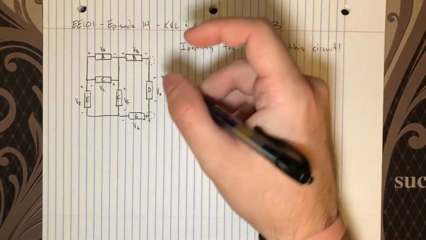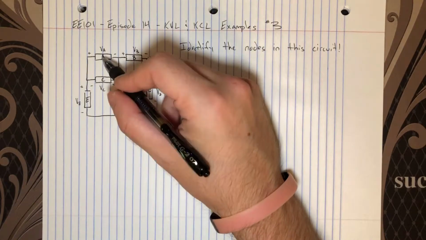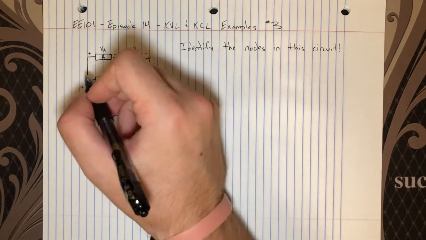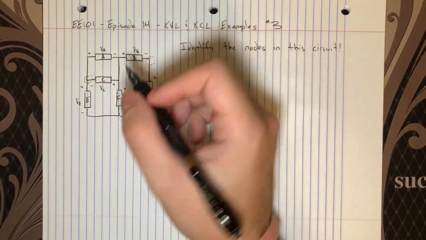So moving on, if you look at E, C, and A, these three elements are all connected by ideal conductors, and I can just circle this intersection of these three wires right here and say that's a node.